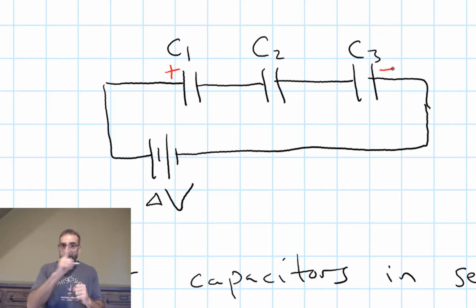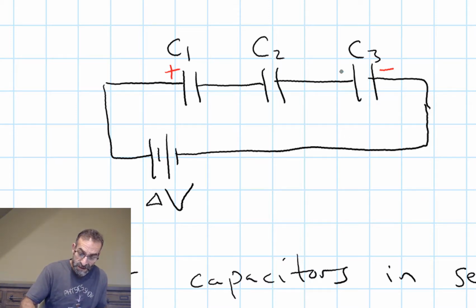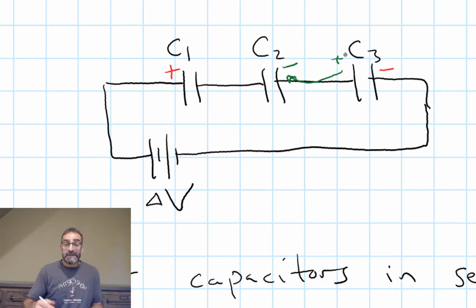Once one electron is moved around, what happens over there at C3? That electron repels an electron from the opposite plate, and that electron moves. So an electron moves and leaves a positive behind because it's repelled by the electron on the right plate of C3.